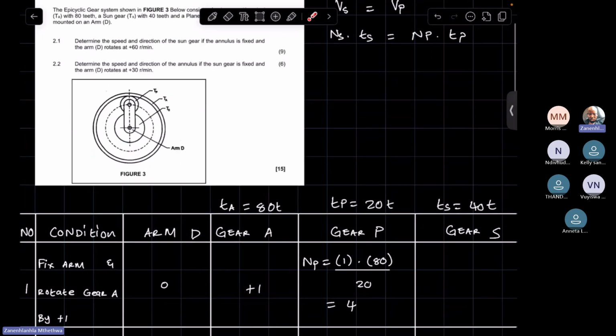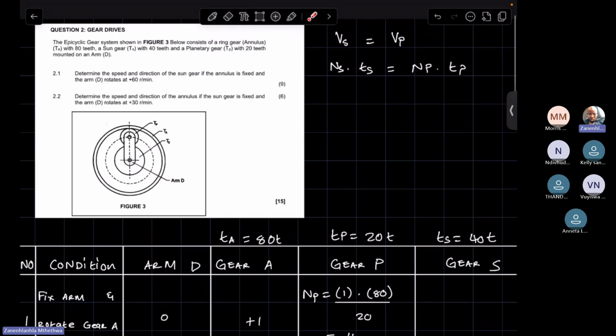Seeing that we've already established that the planetary gear is rotating clockwise, this we leave as positive. If this is rotating clockwise, this is rotating anti-clockwise, so you insert a negative sign there. At this point, you've established the relationship between the two gears and the direction of rotation.